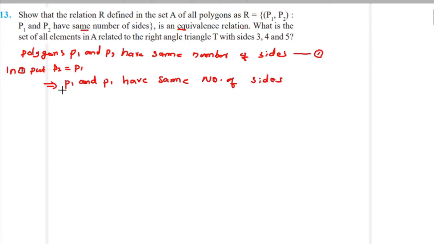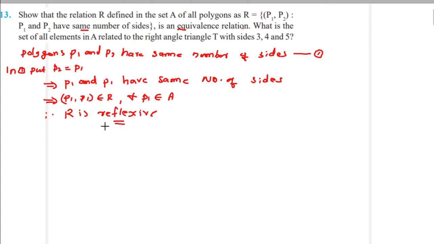P1 and P1 is the same polygon, so it has the same number of sides. This implies (P1, P1) belongs to R for all P1 belonging to A, where A is the set of all polygons. Therefore R is a reflexive relation.